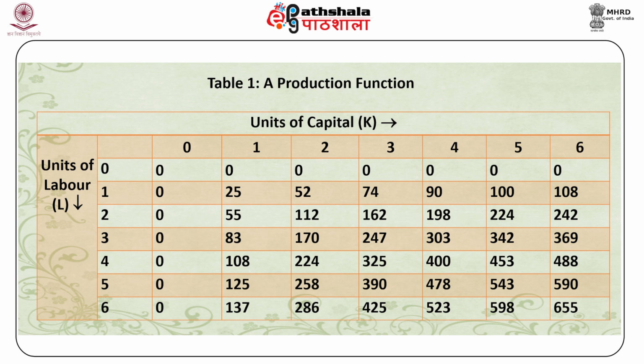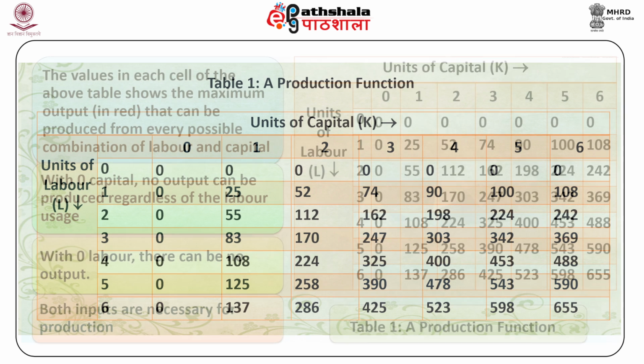This relation can also be represented in the form of a schedule or table where the relation can be clearly seen. See Table 1, which shows a production function. It has units of capital and units of labor.